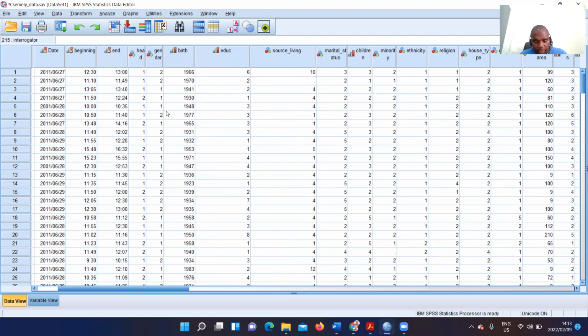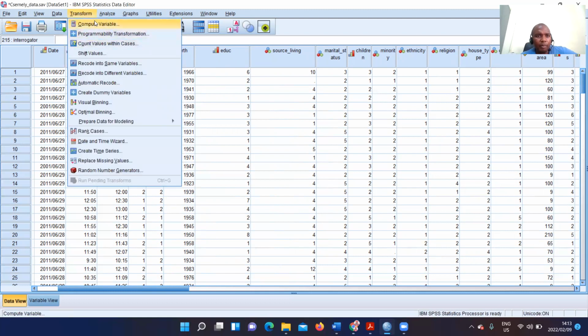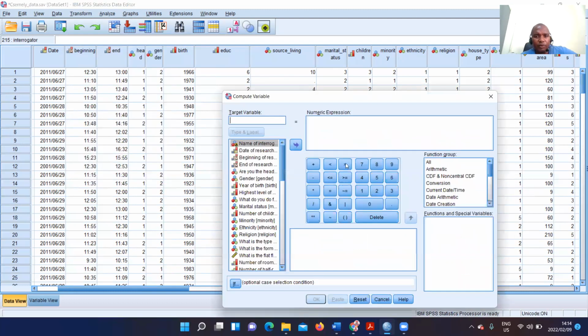So without much wasting of time, ladies and gentlemen, I will proceed to data transformation. Under data transformation, you go to transform, and then you go to compute variable. It gives you that window.